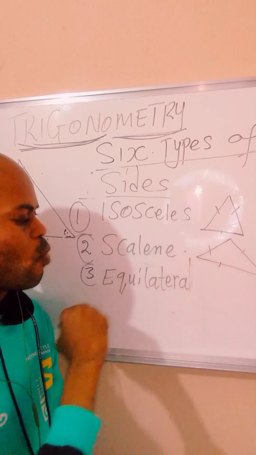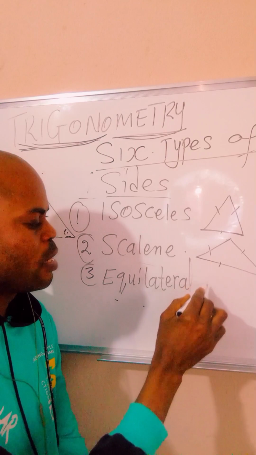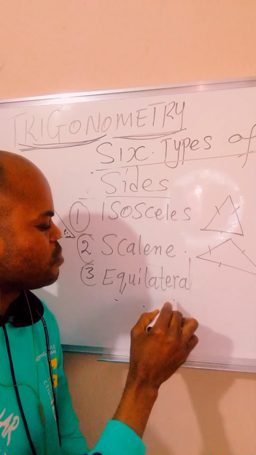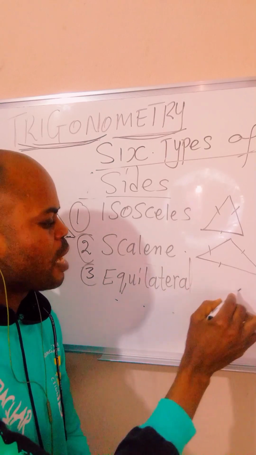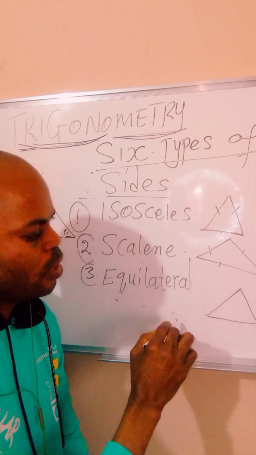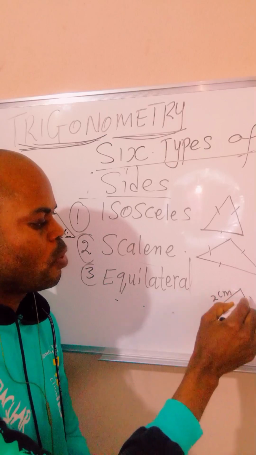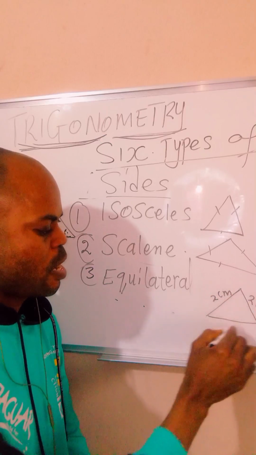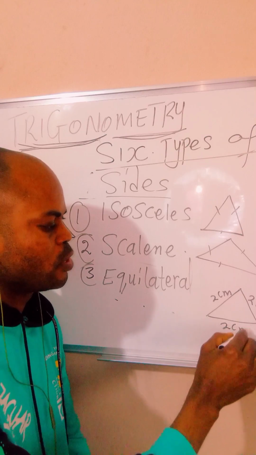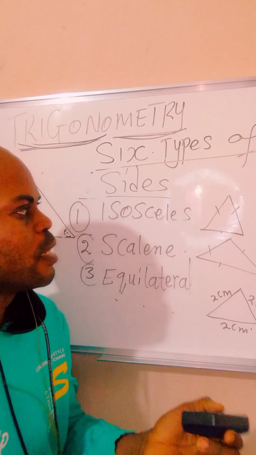It's simply a triangle that has three of its sides being equal. Meaning if this side is 2 centimeters, this side will also be 2 centimeters, and this side will also be 2 centimeters.